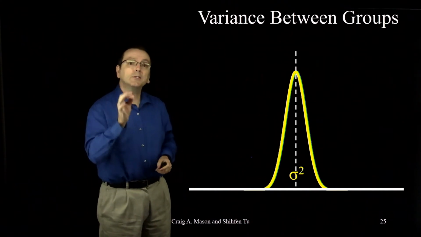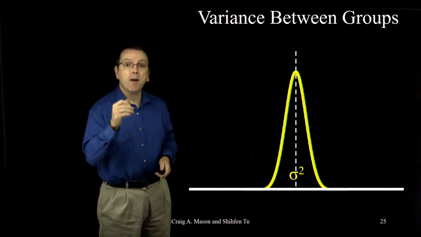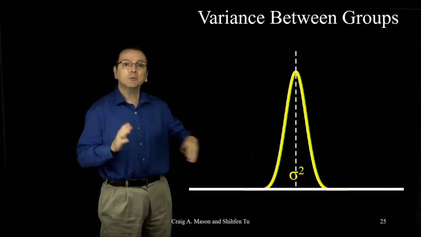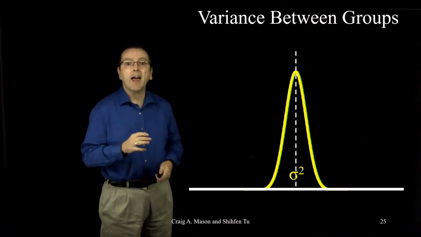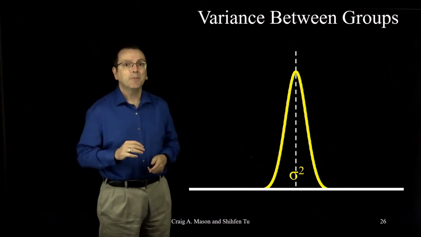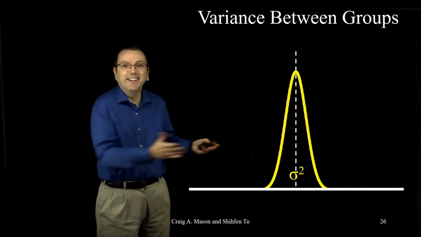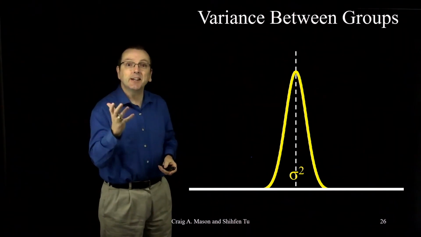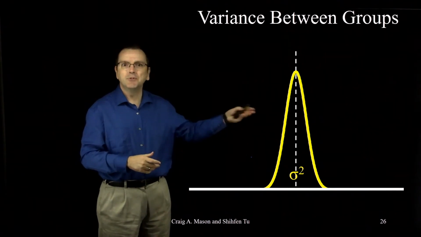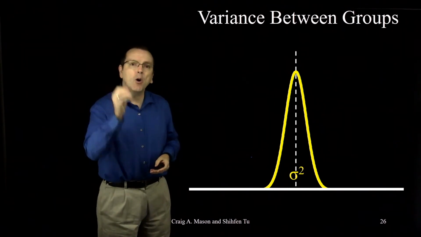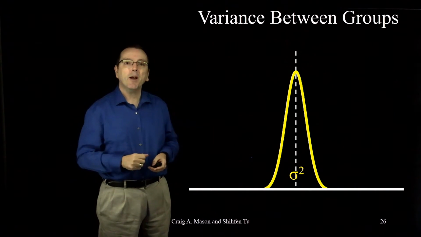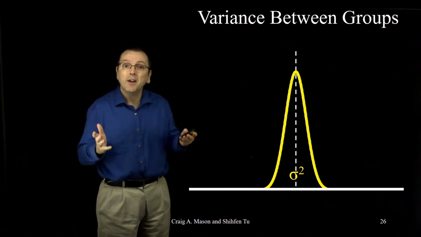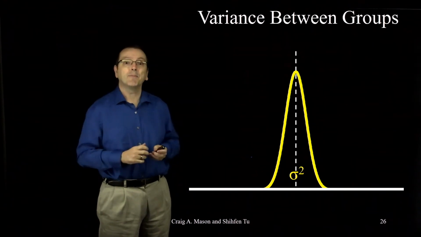And remember, we assume that the variances for each population is the same, sigma squared, so the populations would perfectly overlap. So what do we end up with then? One big distribution with a variance of sigma squared. There's no additional variability. The only variability is sigma squared. There are no group effects. Group effects equals 0 because the means are all the same value.